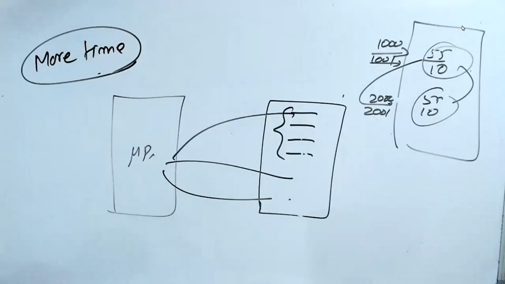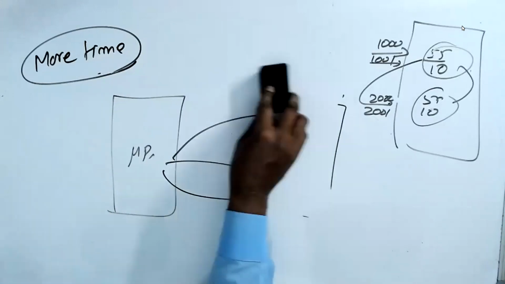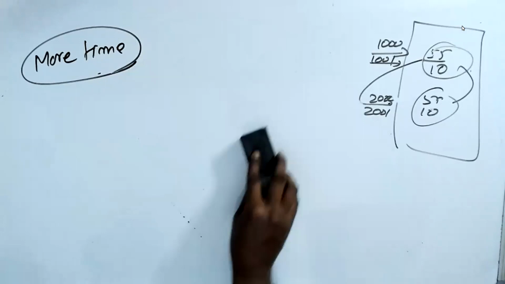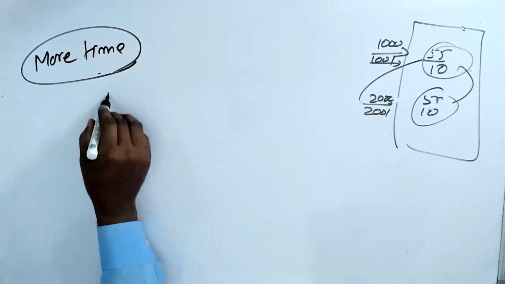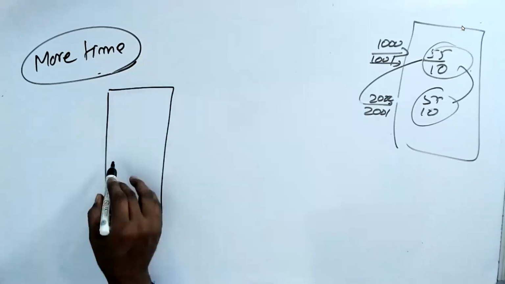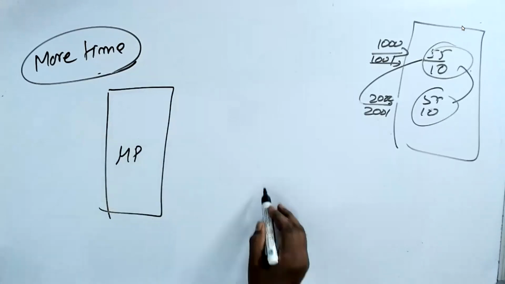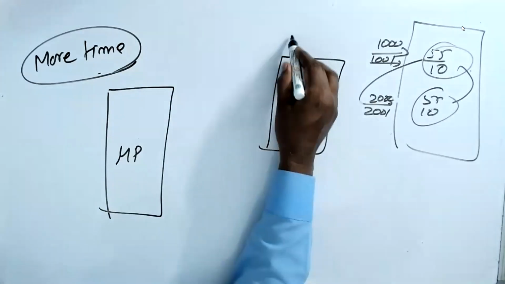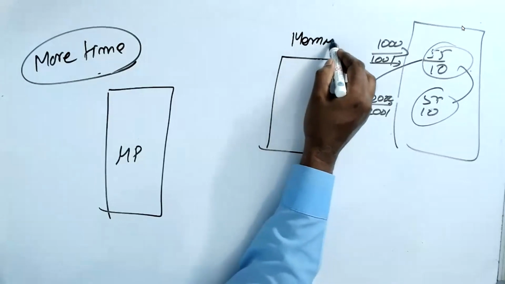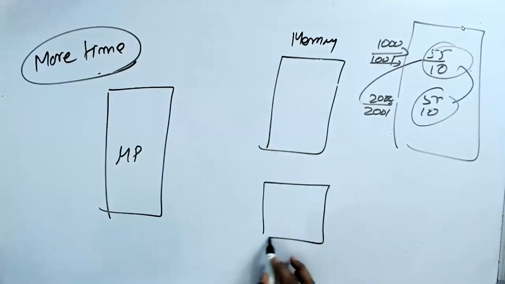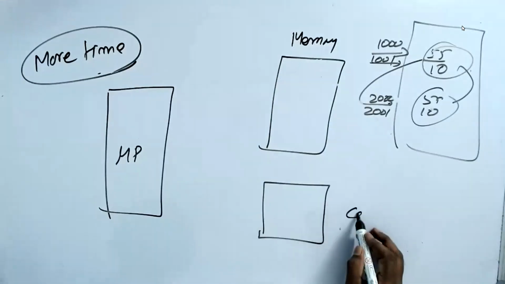So what the engineers did was one good thing. They made a microprocessor, and there's a memory, and there is something called a controller.